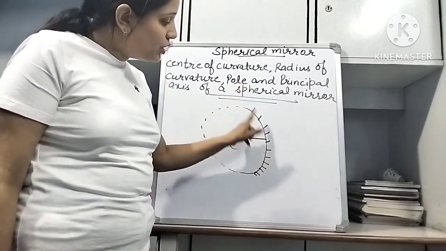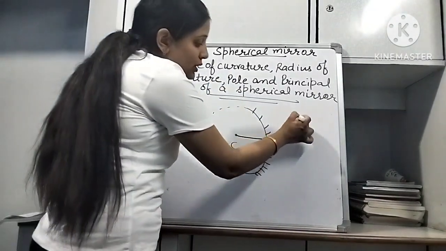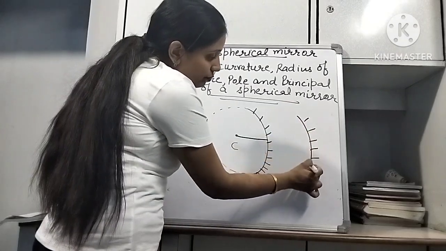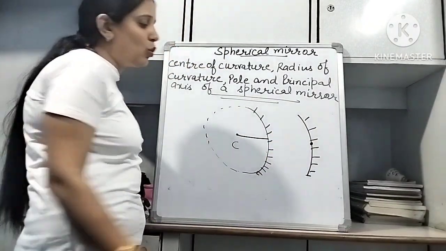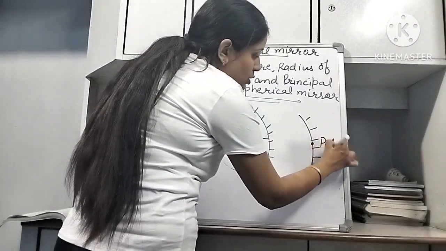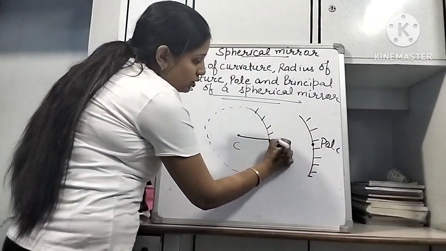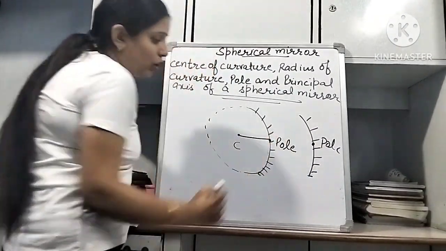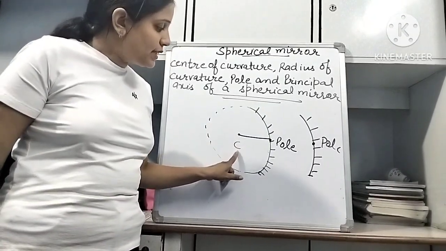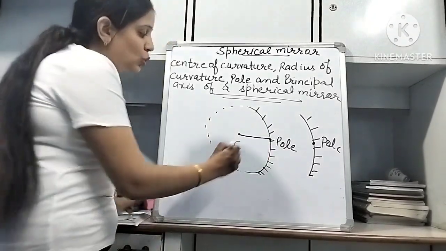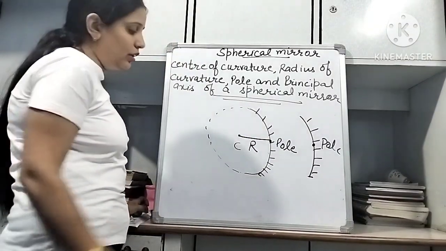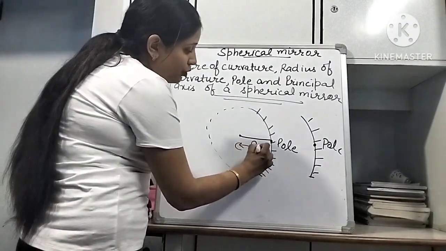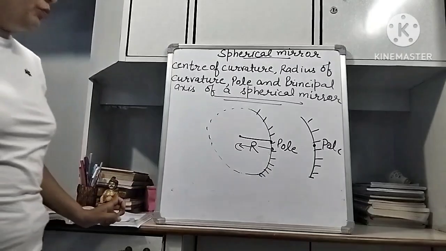The center of this spherical mirror, for example this concave mirror, is known as the pole. This is the pole. And the distance between the center of curvature and pole is known as the radius of curvature, which is denoted by the letter R.